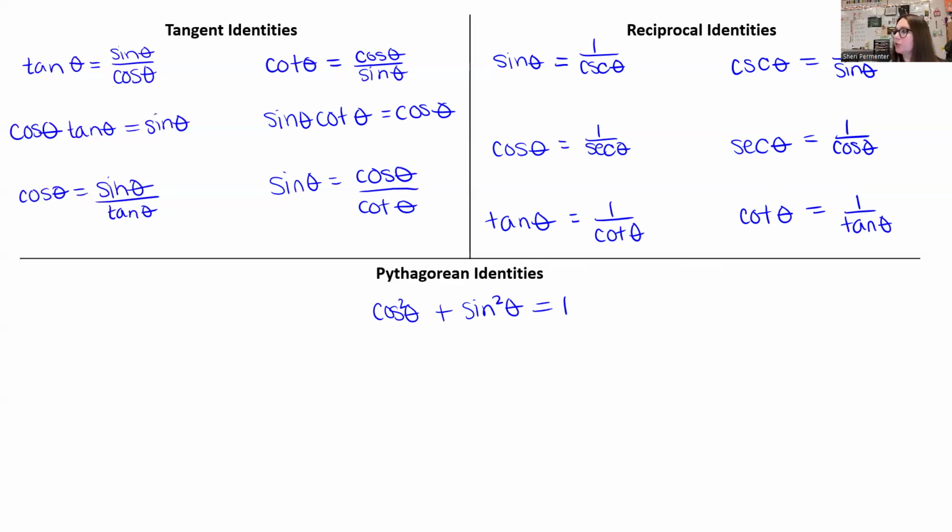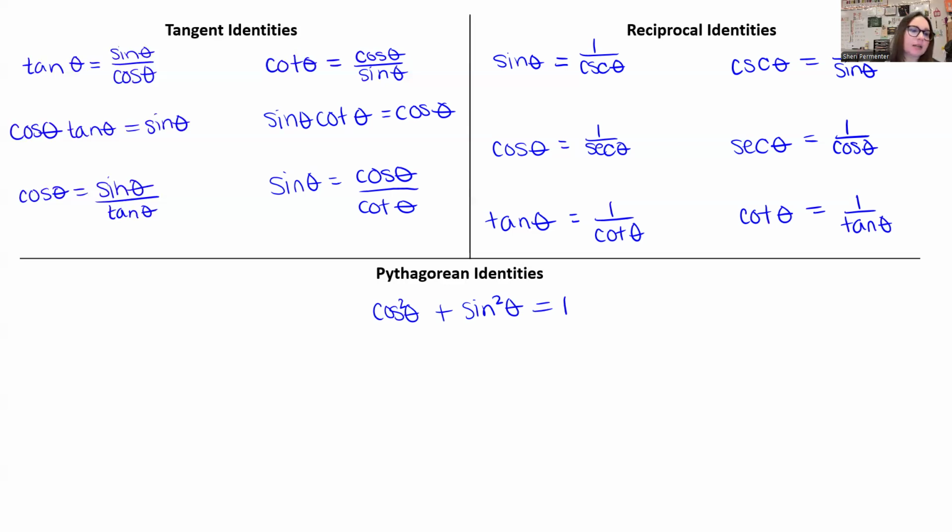What we're going to do is create a chart, and everything is built off of this one identity. Just like we did in the other boxes, we took one thing and rewrote it. We're going to make one branch out one side, one branch out the other side, and then a branch straight down the middle where we're just manipulating the equation itself.